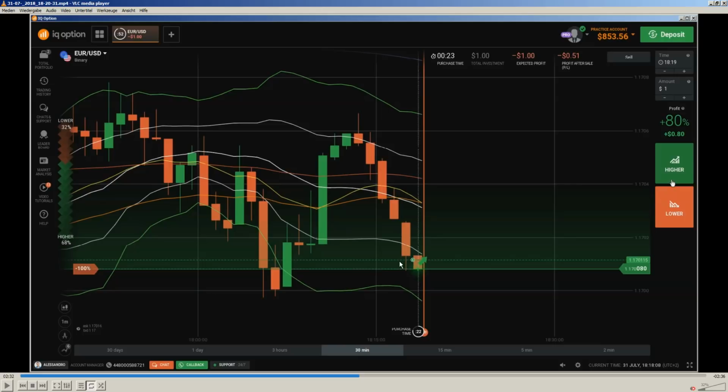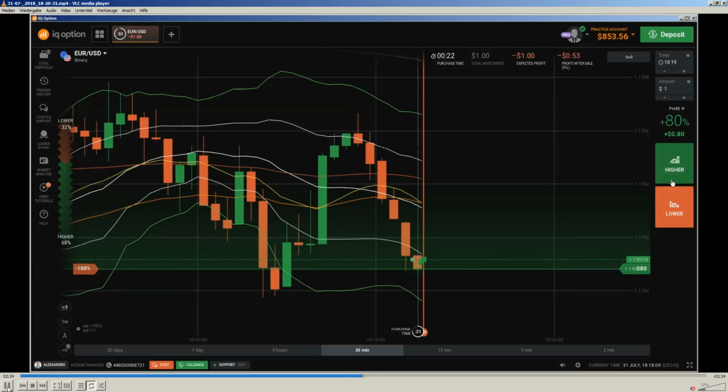Then this wick is showing buying pressure, because it's bigger than the upper wick, which shows selling pressure. And because this candle respected this key level, and we still have a ranging market, which is what the EMAs are telling, I was pretty much sure that price would go up further, and that's the reason why I entered immediately, because I was already expecting the previous candle to close above this entry point.